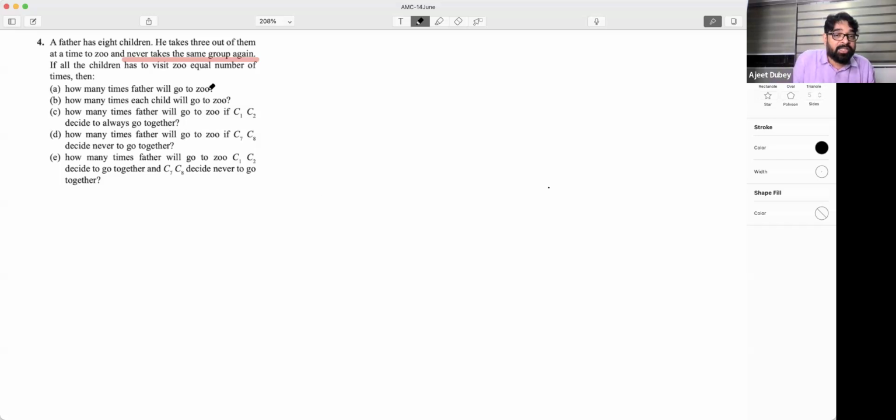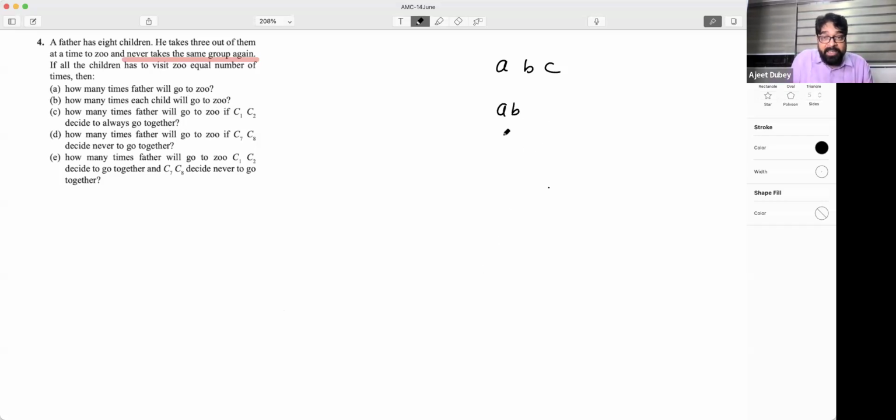If all children have to visit the zoo an equal number of times, then how many times will the father go to the zoo? First, let's make it a simple, understandable question. Suppose one person has 3 children, ABC, and he wants to take 2 children at a time to the zoo, but never the same group. So what are the possibilities?